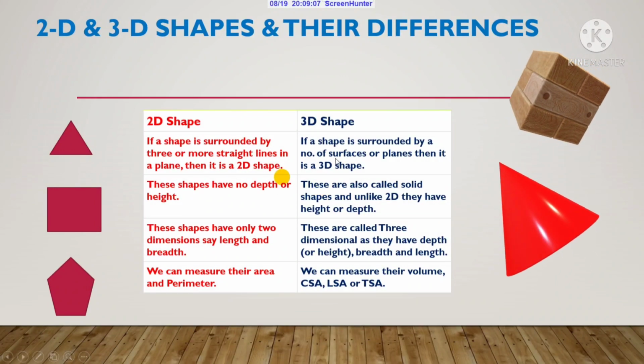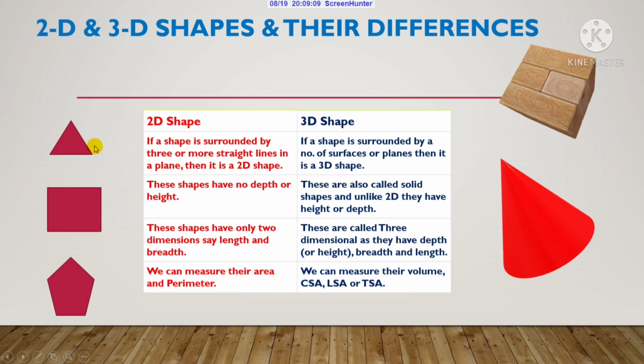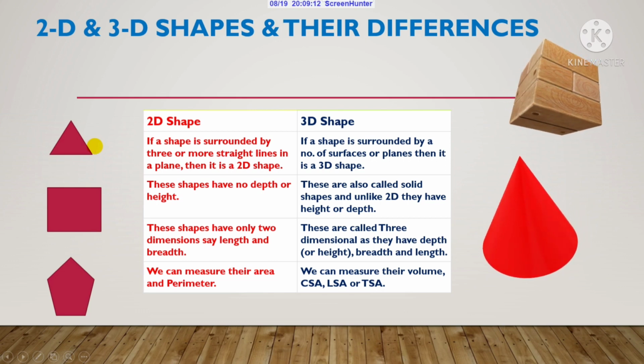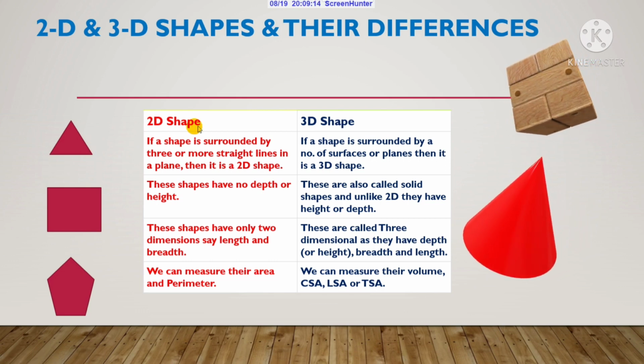What are 2D shapes and 3D shapes? If a shape is surrounded by three or more straight lines in a plane, then it is a 2D shape.